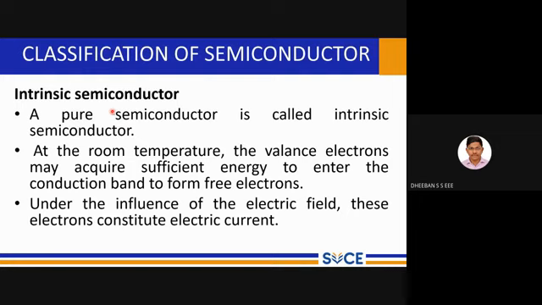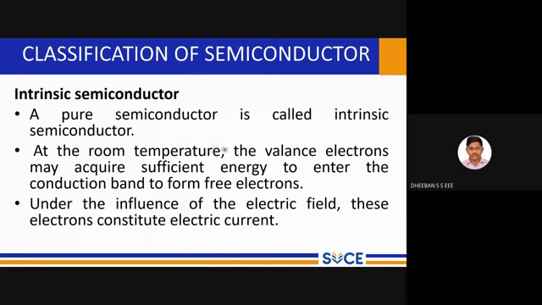It is intrinsic if and only if it is a pure semiconductor, without any doping. I hope you remember doping. Doping means adding impurities to your pure semiconductor. If it is not doped, then it is a pure semiconductor. This is called an intrinsic semiconductor.